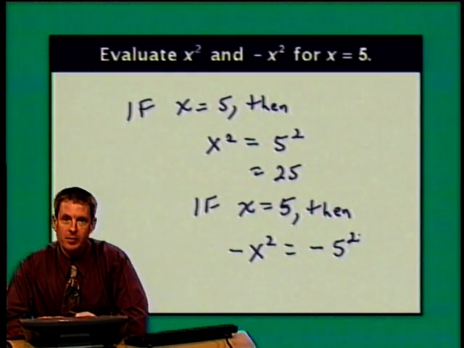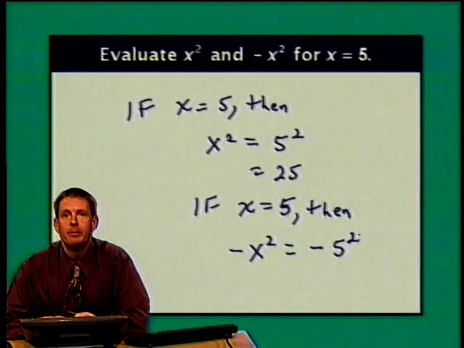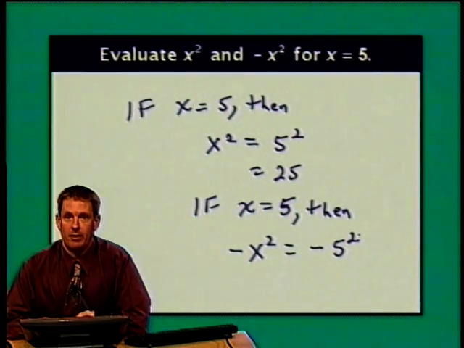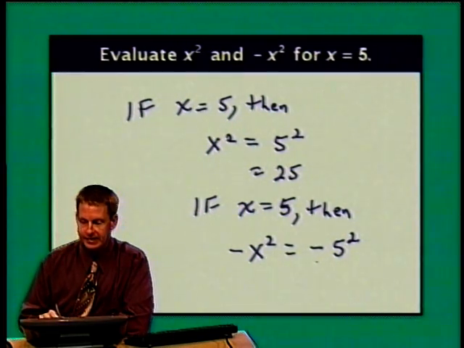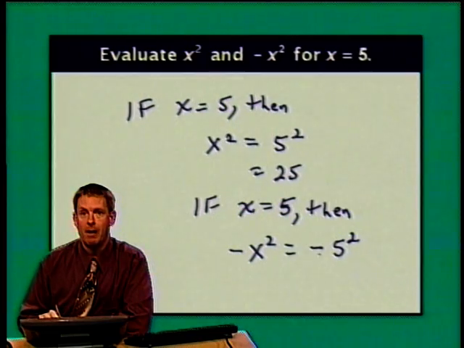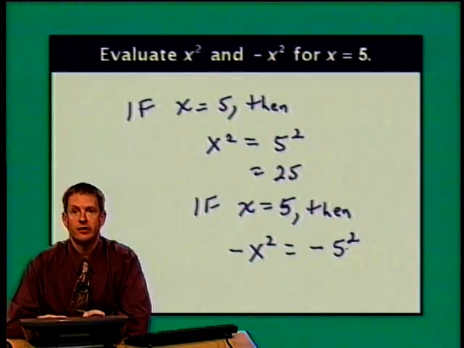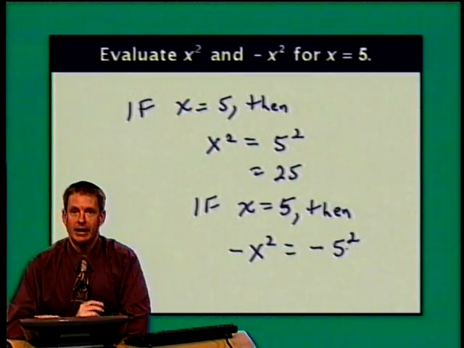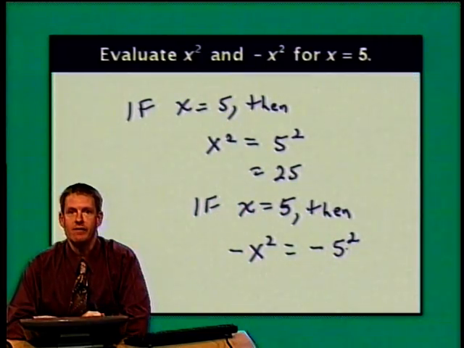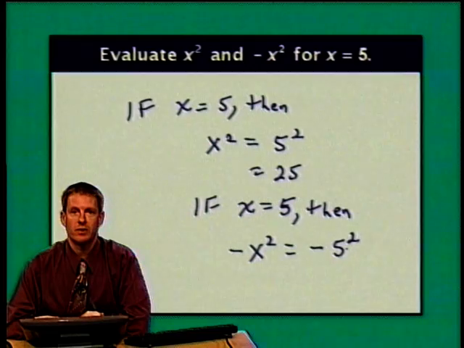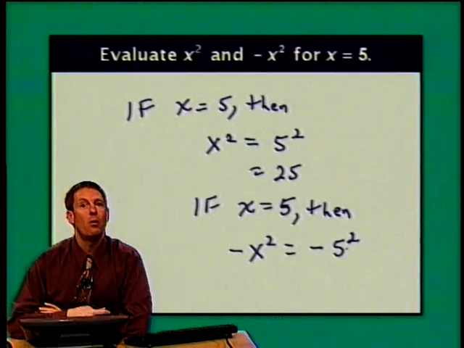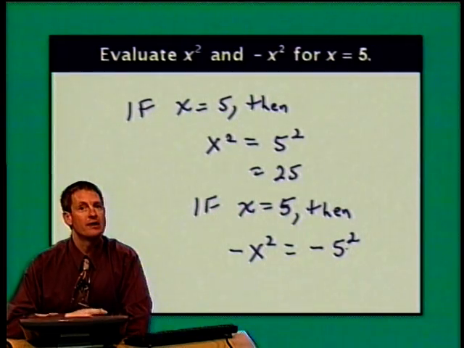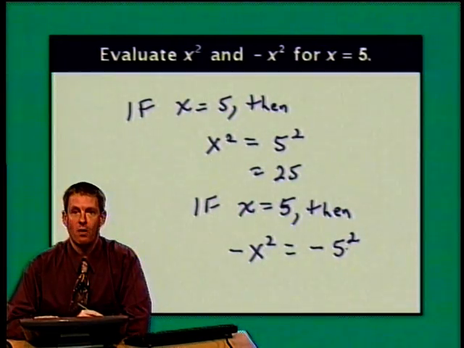Now things get a little bit sticky here, because a lot of people, and you very well may be one of these people, when they see this set of symbols, a minus sign followed by a 5 squared, think this means negative 5 times negative 5. That's a very, very natural thought to have. But we don't get to decide the meaning of the symbols for ourselves. Somebody's already made that decision for us.